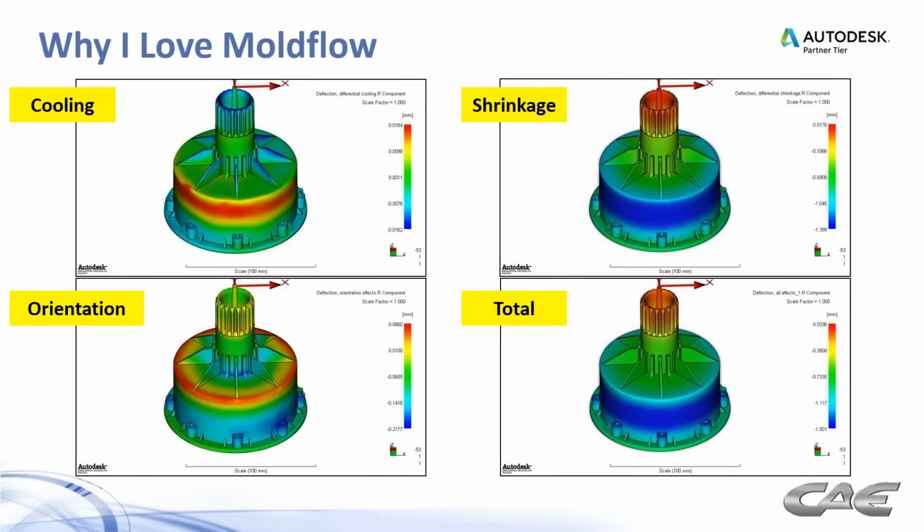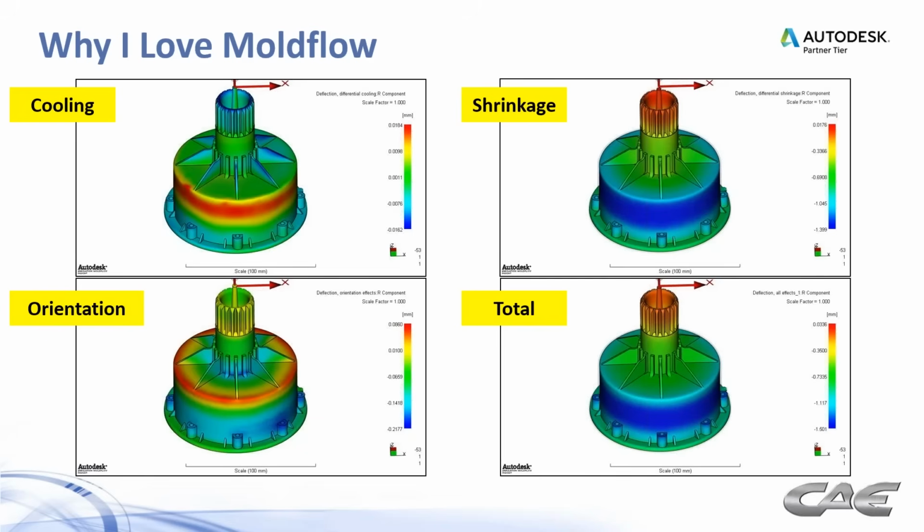Anything positive is out from center, anything negative is in towards the center. We're talking less than 1/4 millimeter for the cooling and orientation effects, so very small contribution. But look in the upper right, the shrinkage component: we're seeing negative 1.4 millimeters. You compare that to the total warpage in the lower right and you see a pretty good match.